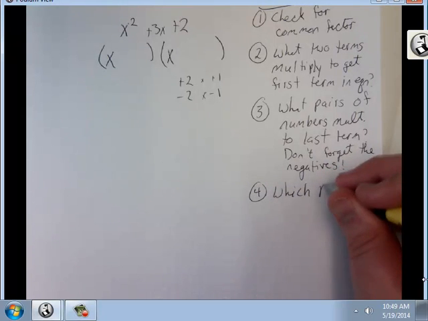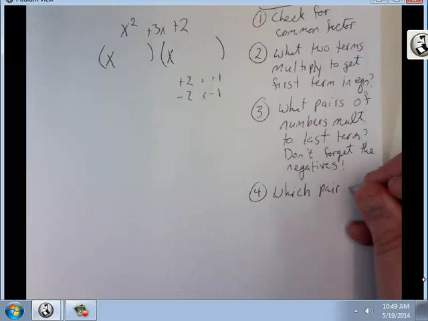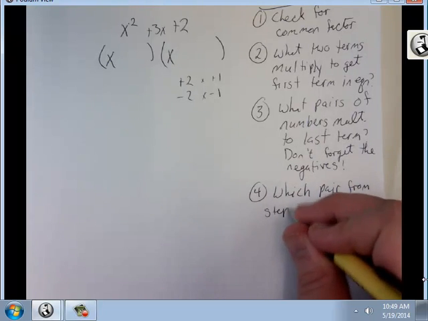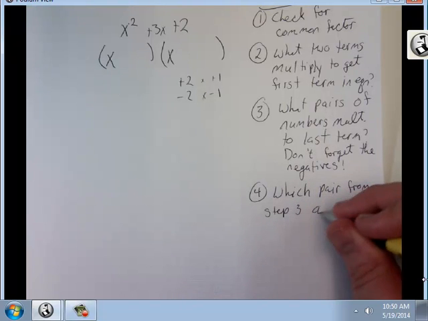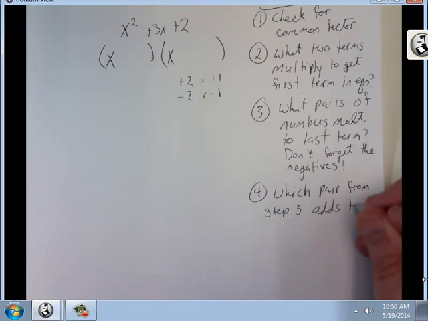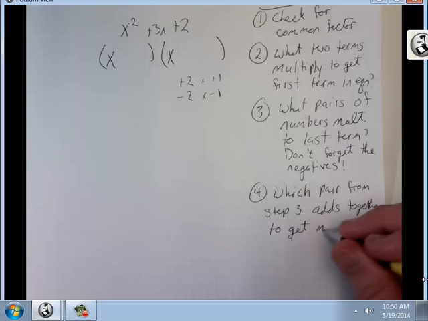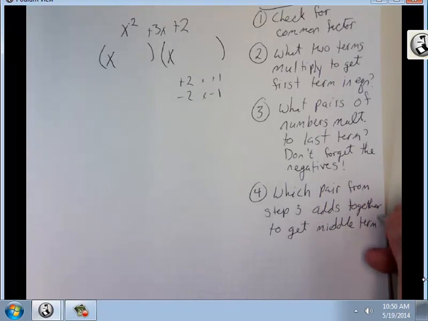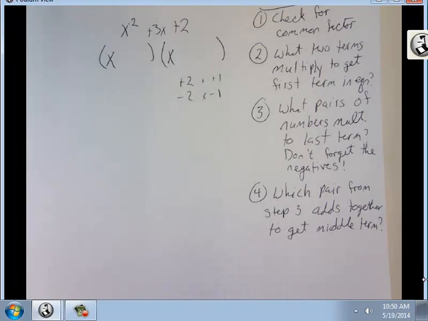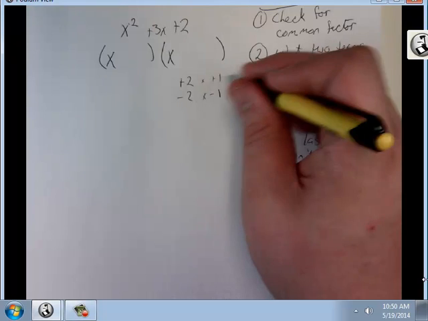Which pair from step 3 adds together to get the middle term? Well, plus 2 plus 1 is plus 3.